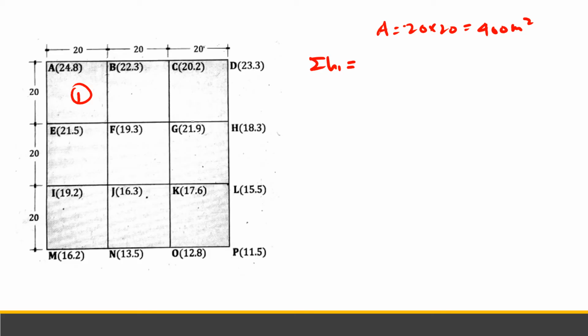So in this case, the heights here that are used only once are 24.8 plus 23.3 plus 11.5 plus 16.2. So meaning hindi siya na repeat. So 23.3, I don't know.